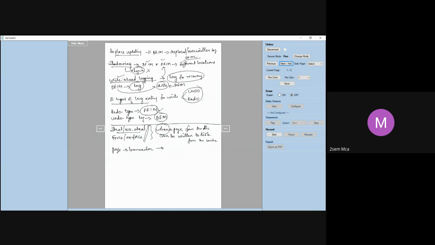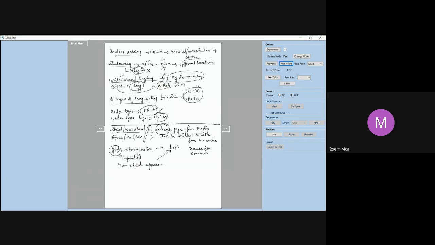That means this page, which has already been updated because of this transaction, is not going to be written back to the disk until the transaction commits. Then you call it a no steal approach.